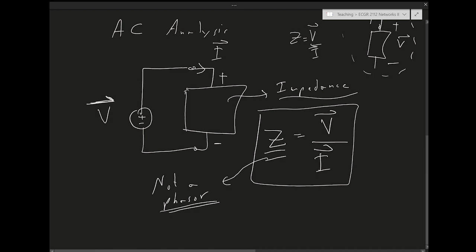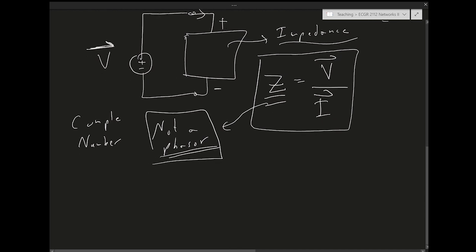Impedance is not a response or a forcing function. It's just a relationship between two signals. So it is a complex number, but it is not a phasor, right?